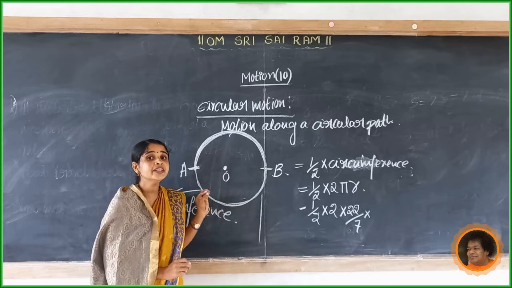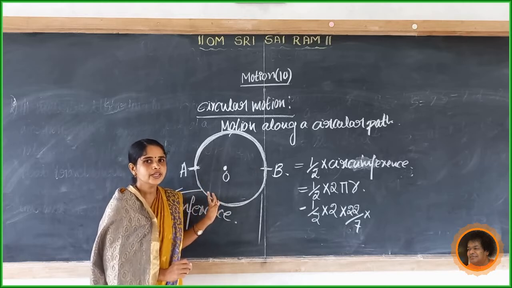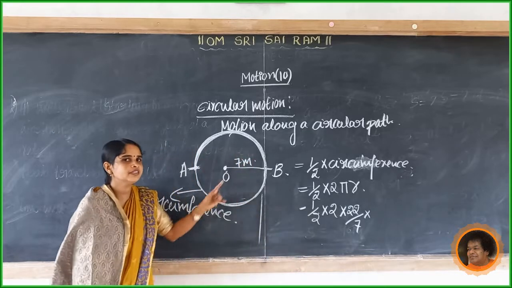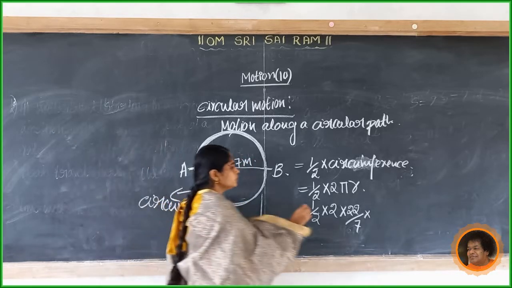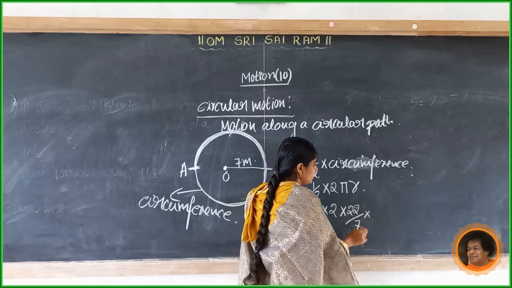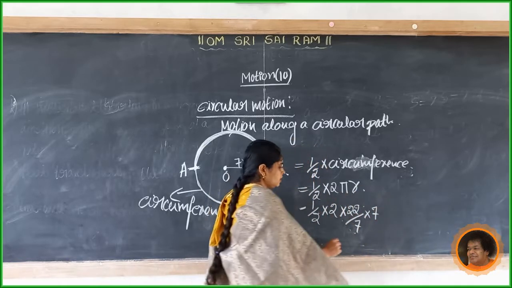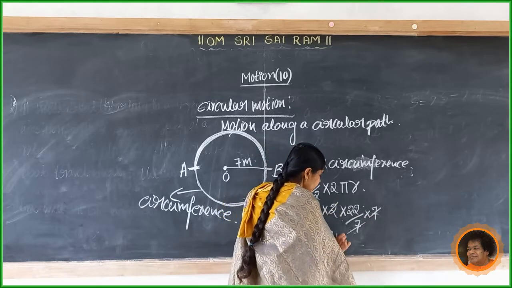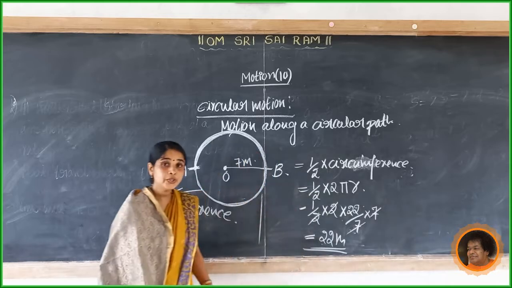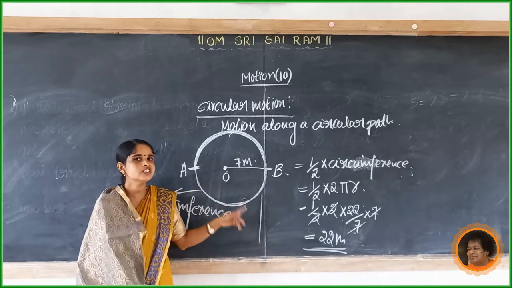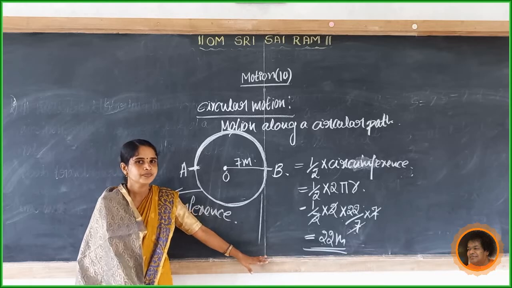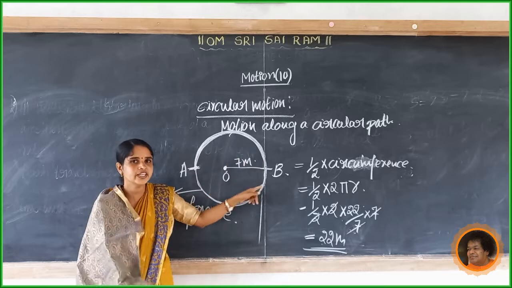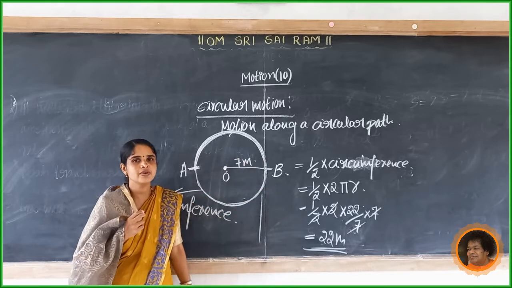Consider here the radius is given as 7 meter. So 2 into 22 divided by 7 into 7, then 7 cancels, 2 cancels. So what is the value here? Only 22 meter. So the distance travelled here is 22 meter. It moves A to B, it covers only half cycle.